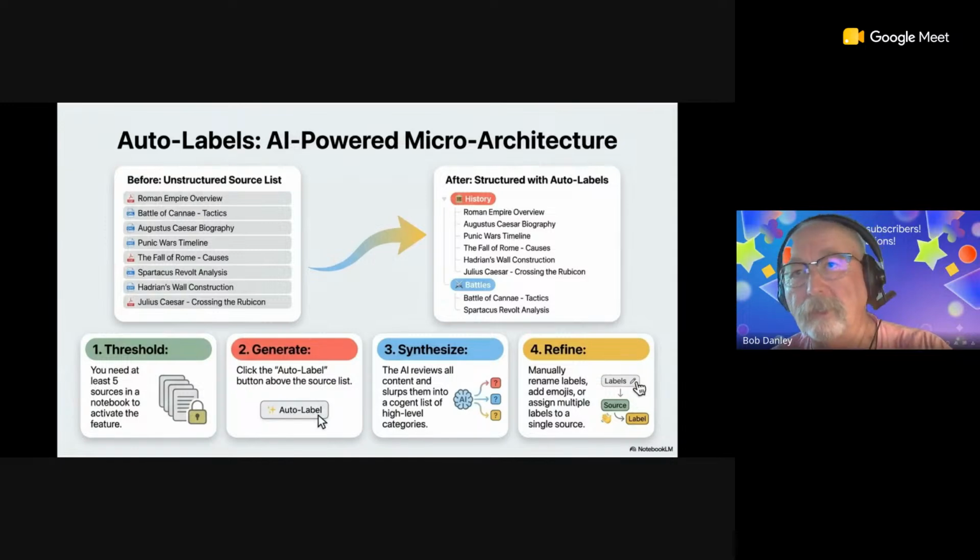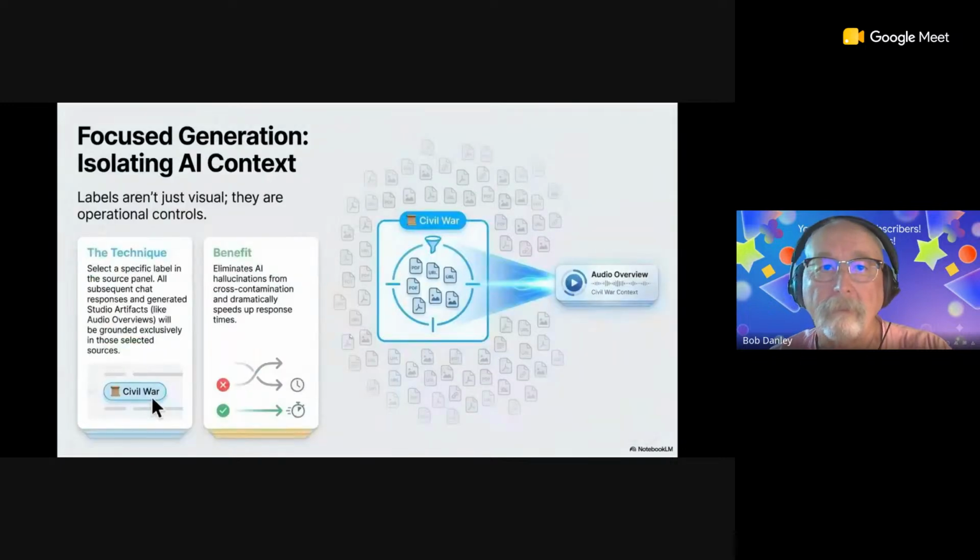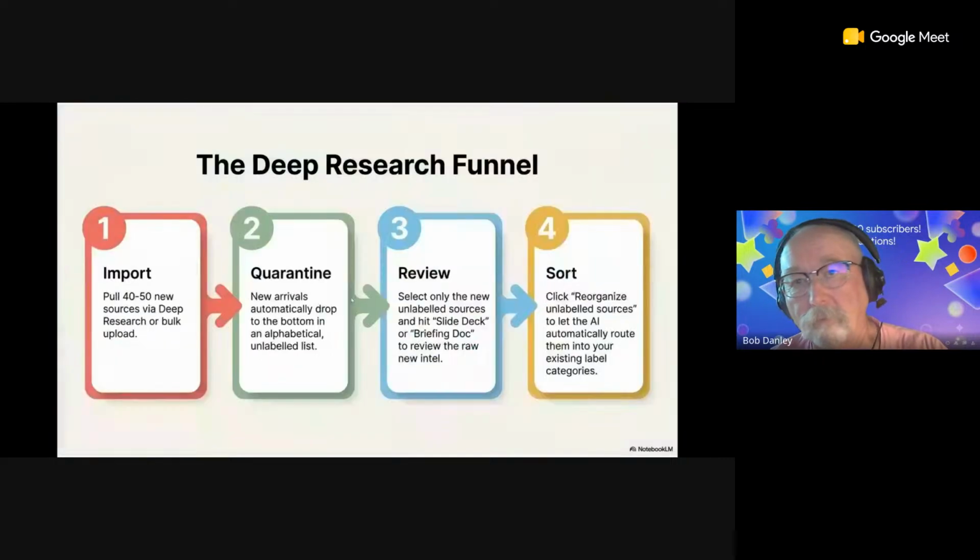It's really much easier if you let the machine do all the hard work. Again, there's nothing really technical about this. There's a little tab on the upper left-hand corner of your sources, and you click on that, and Notebook will automatically look at all your sources and then basically put them into a label or a tag.